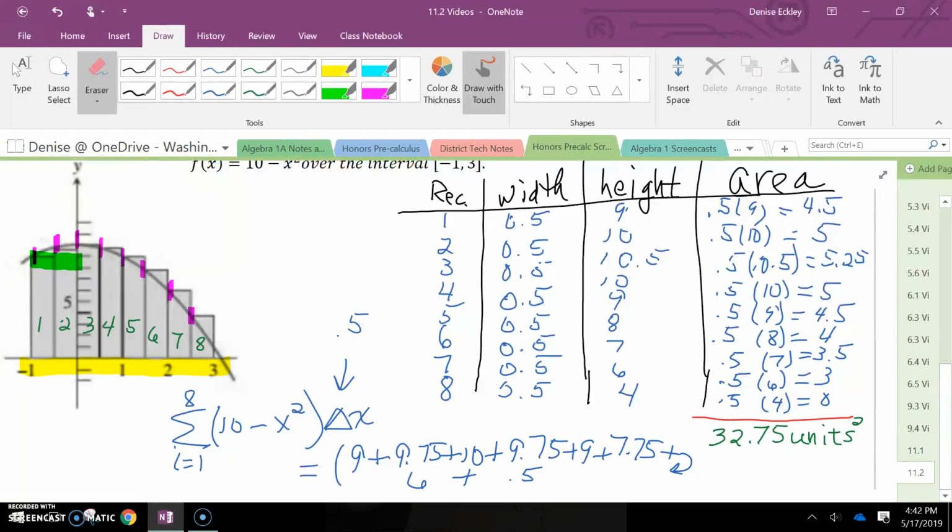Those are my 8 heights of my rectangles. And this is going to be multiplied by my change in x, which is still 0.5. So when I do that, I get an exact answer, which turns out to be 32.5 units squared. Which you can see we're very close by estimating, but it's much more efficient and accurate to do it using the function value.